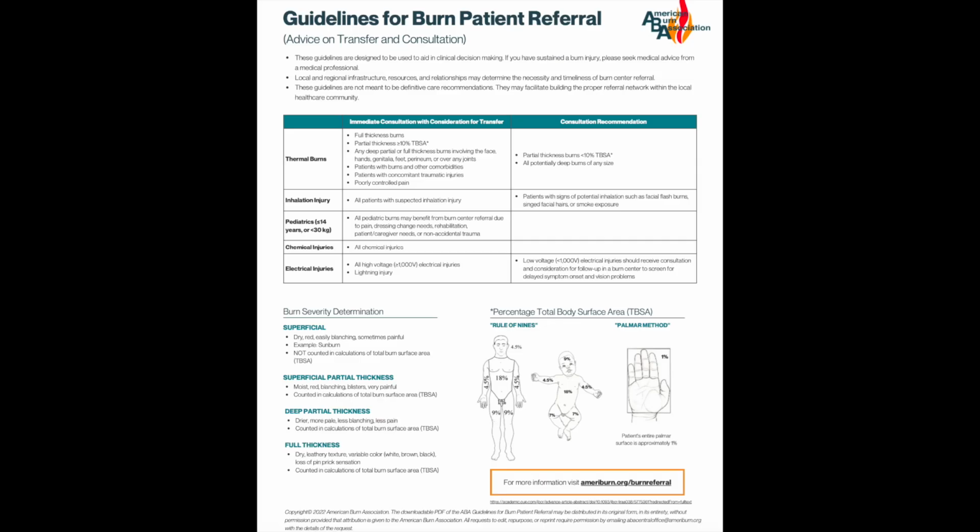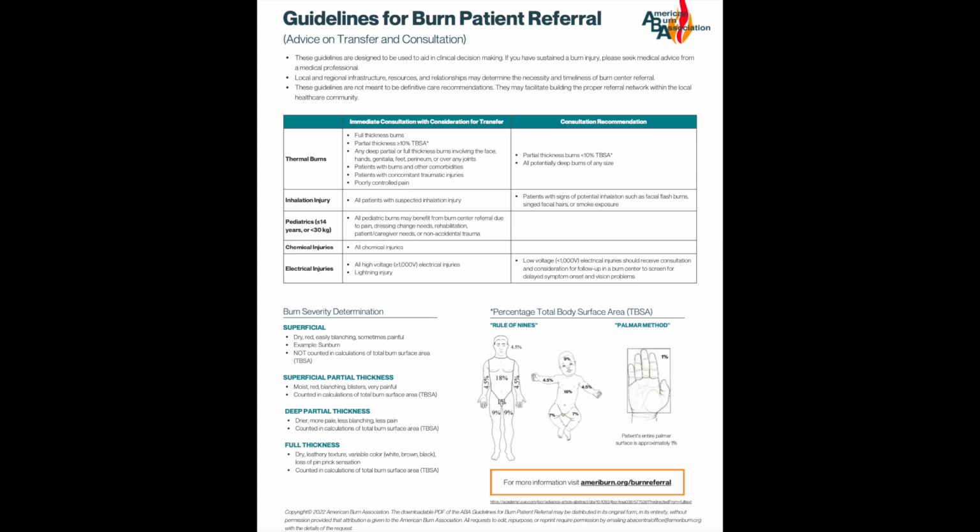All right, so as you can see, this is titled The Guidelines for Burn Patient Referral. This is from the American Burn Association, and it helps guide you on what you're going to do with your patient. On the graph there are two columns. There's the immediate consultation with consideration for transfer, and the other column is consultation recommendation.